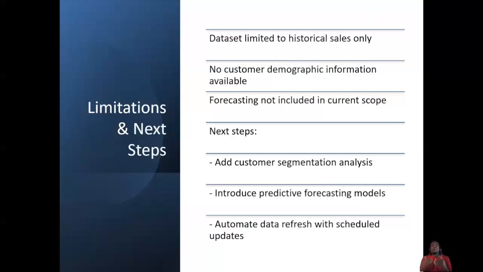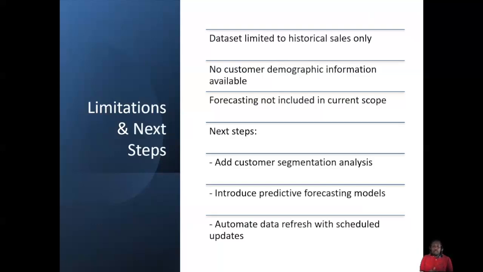So for the next steps, next time we're going to look at how we add customer segmentation to our analysis so that we can see how the consumer is doing. Then introduce predictive forecasting models. This is where I start using machine learning. Also, we talk about AI, where we take this data and analyze it, and then we're able to predict how the market will look, how the vendor will look in the near future.